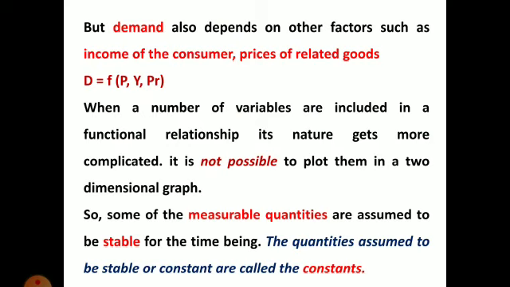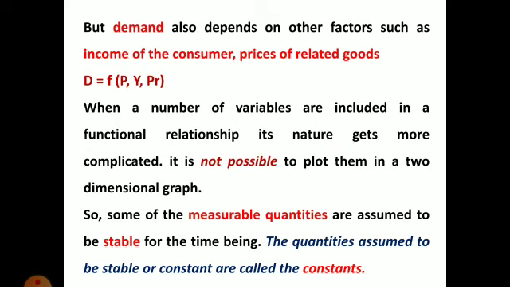Normally in a demand function, D is equal to F of P. That is, demand depends on price. We take those two as variables. But in reality, we know demand also depends on other factors such as income of the consumer, prices of related goods. When we say related goods, it could be either substitutes or complementary goods.